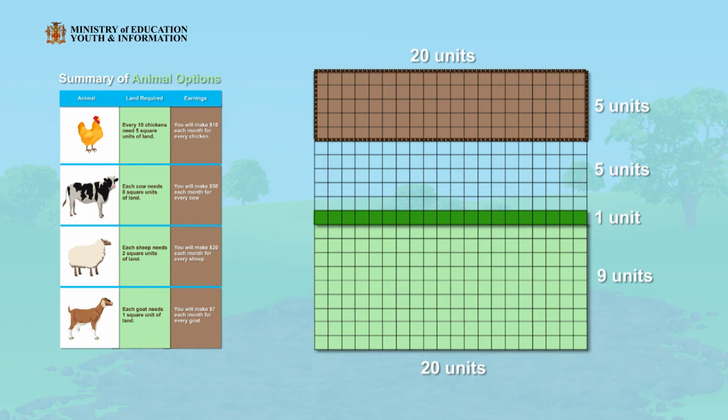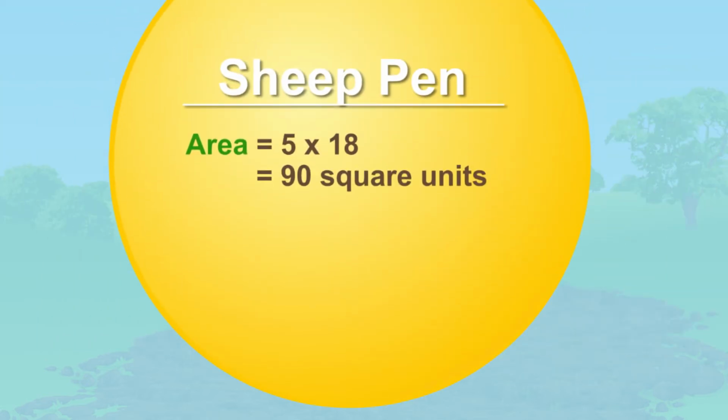So let's go with sheep and goats. The sheep will earn more money than the goats, so I will give them a bigger portion of the land. I am going to give the sheep 5 units by 18 units. So the area would be 90 square units.